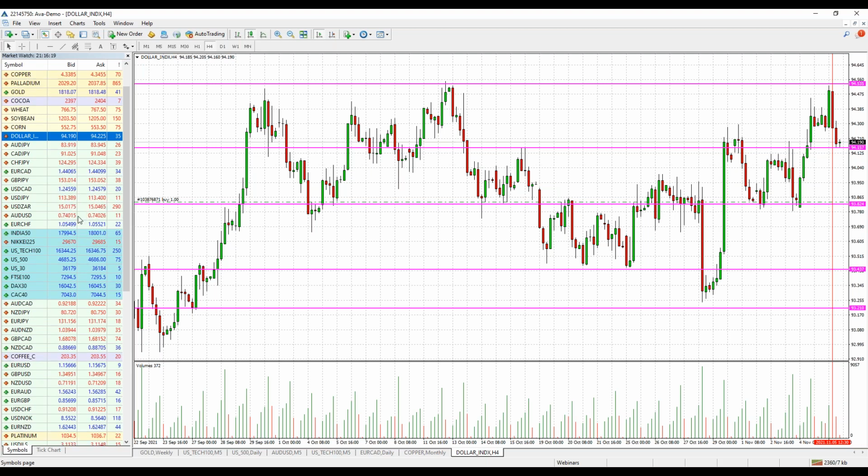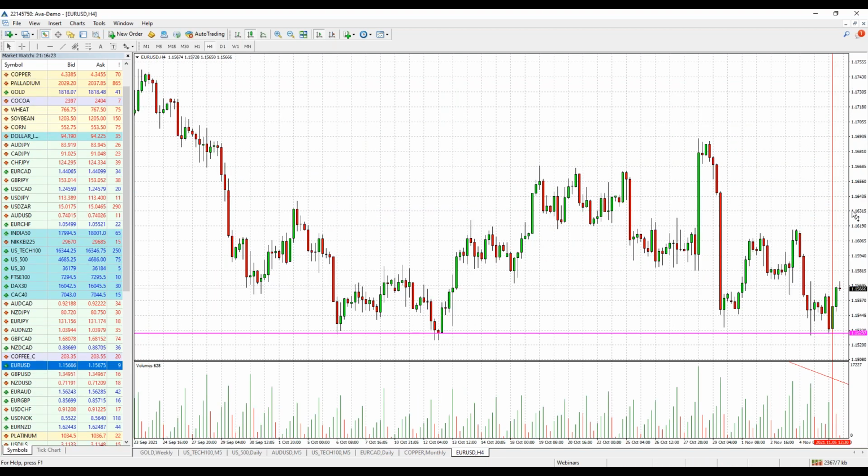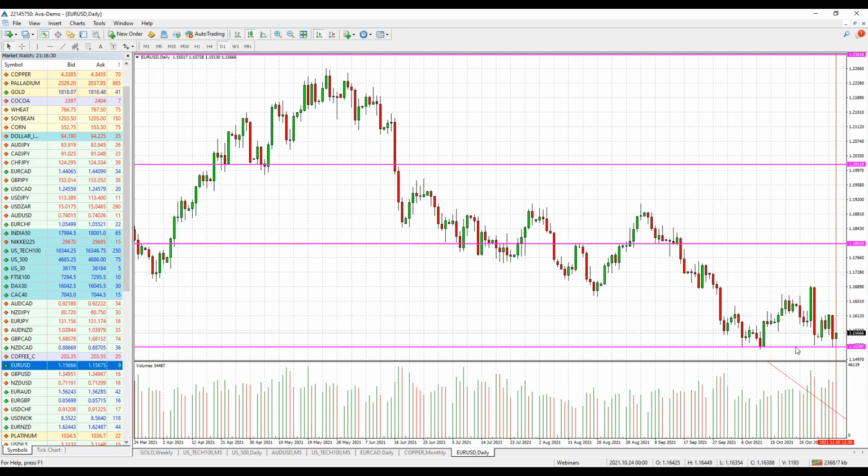So let's start with the major currencies and see how they play out this week. Euro was really weak, and after retesting the 115.30 area, let's take a look.